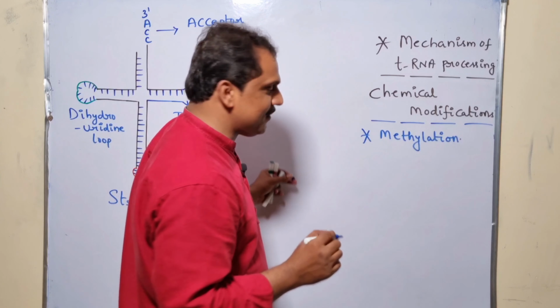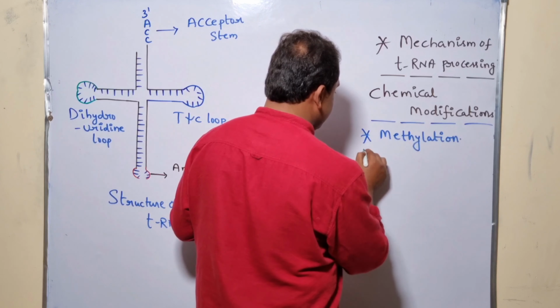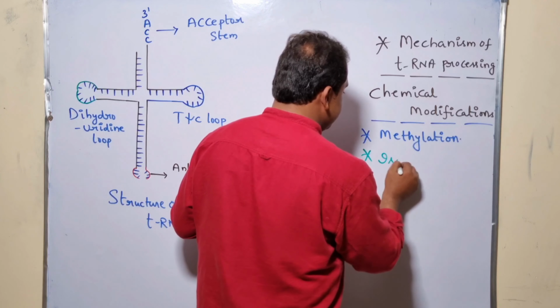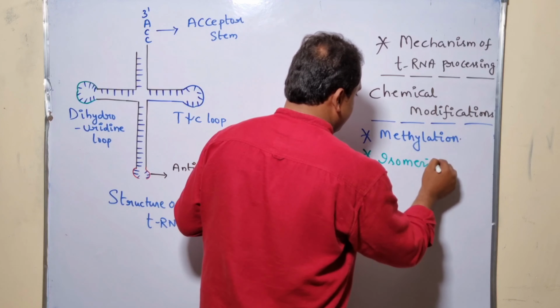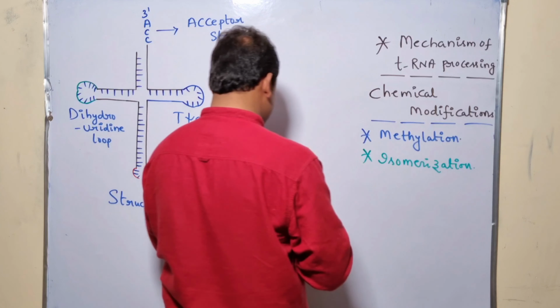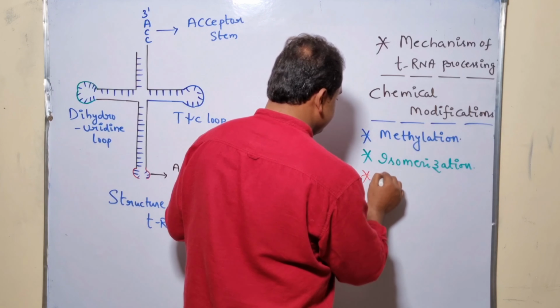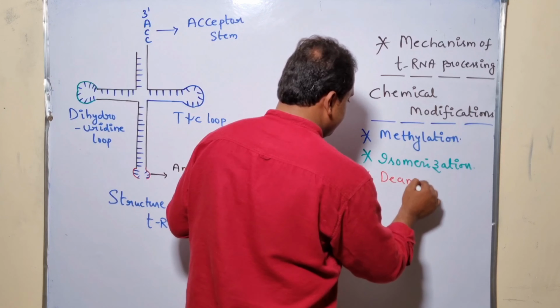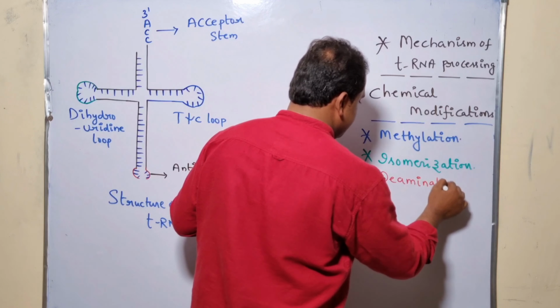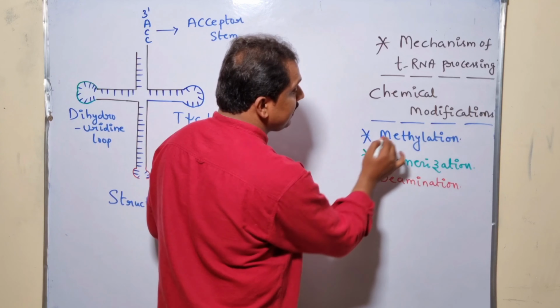So let me write it on the board. Methylation, isomerization, and the next modification is nothing but what? Deamination. So here at first we will be studying methylation.